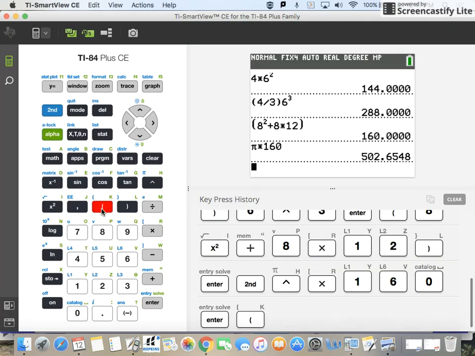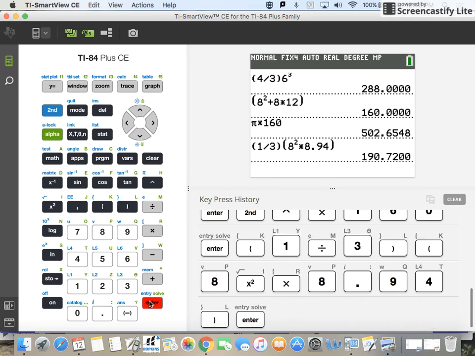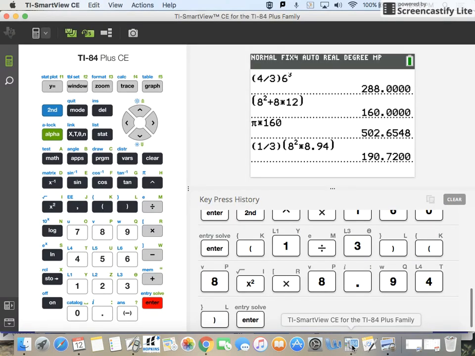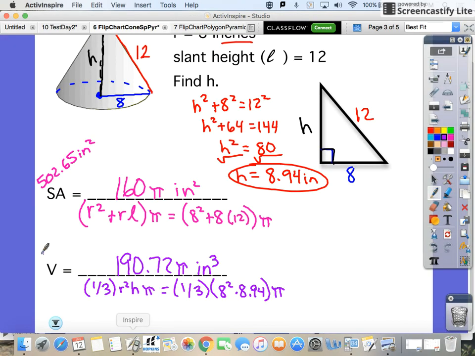So we need to type in 1/3 times 8 squared times 8.94. And we get 190.72 pi inches cubed. And then if we actually take that times pi, we'll see that that's actually about 599.16 cubic inches. All right.